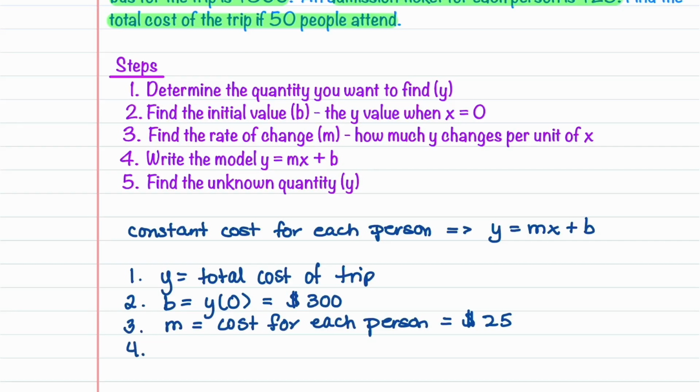Our fourth step says, let's write the linear model and plug in these values. So we have y is equal to m, which is 25, times x, plus b, which is 300. And let's just make a note that x is the number of people that are going to be going on the trip.